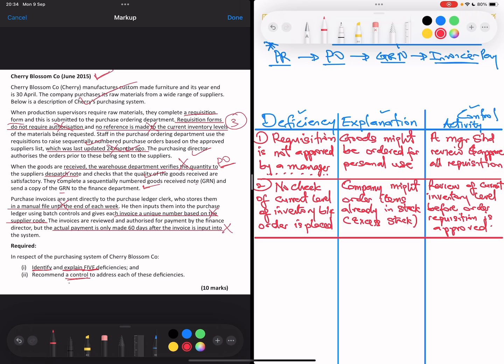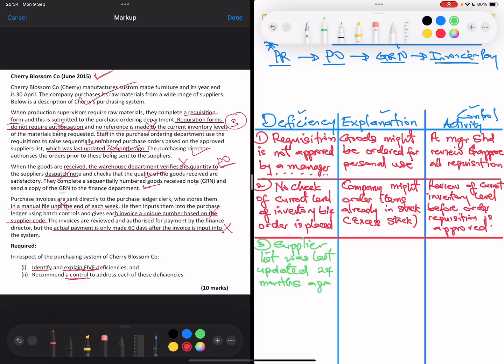So 3, keep going. Supplier list was last updated 24 months ago. That's too long.